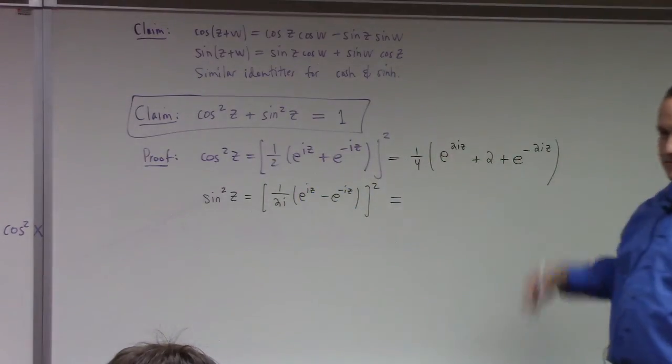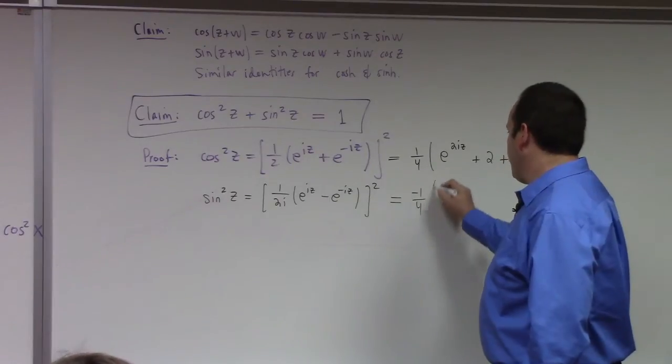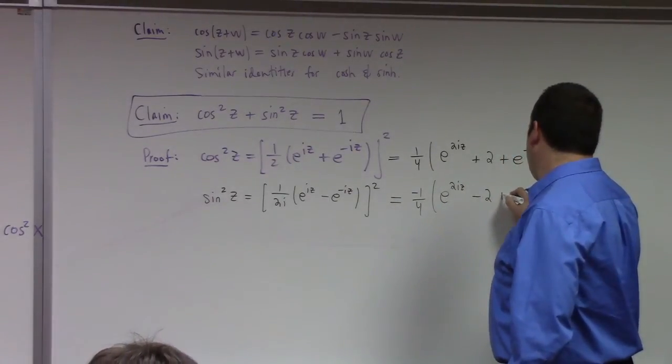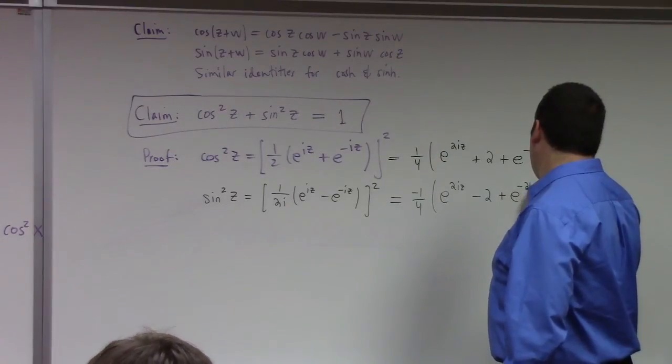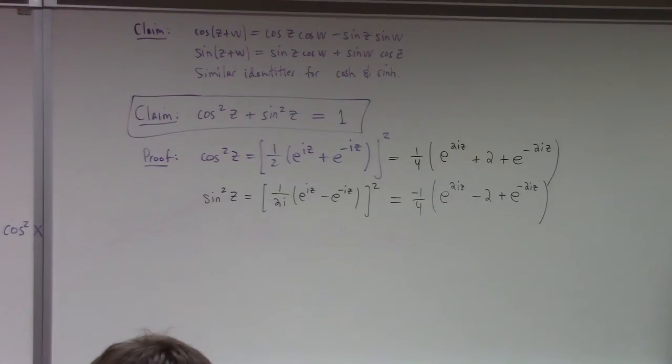So you FOIL that out, and there's a minus 1/4, right? When you think about squaring, you add the exponents, right? So the cross terms have e to the iz and e to the minus iz, but that gives you e to the 0, which is our old friend number 1, right?